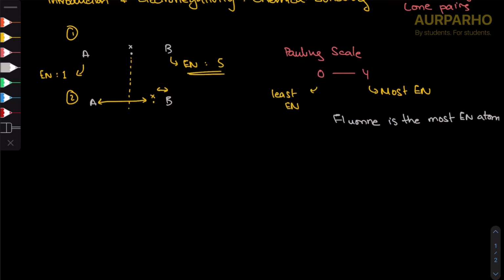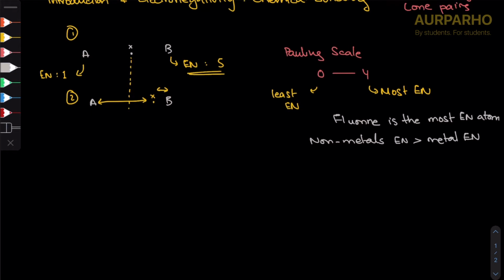And in general, nonmetals are more electronegative than metals, generally speaking.